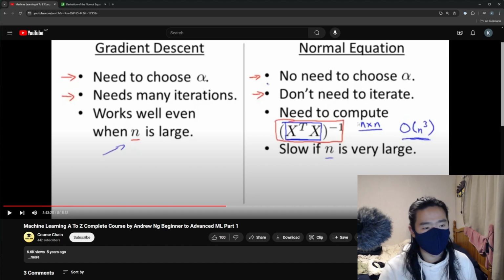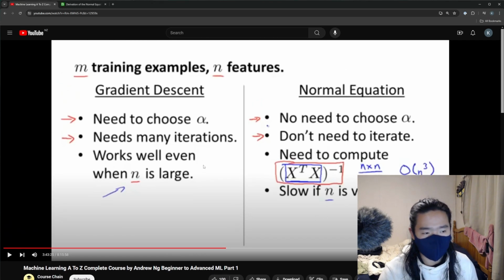But on the negative side, you have to compute this term here, which can be quite expensive to compute. I think it's n cubed for the big O notation, which can be quite slow if n is very large. Whereas for gradient descent, even if your n, the number of features, is large, it doesn't really matter. It just sort of figures it out.